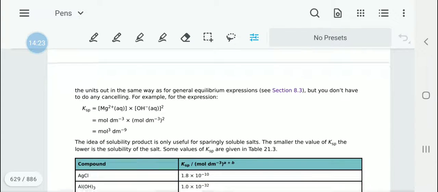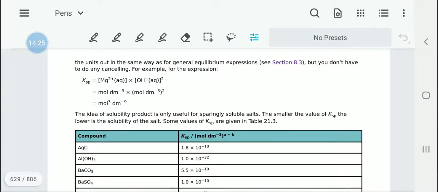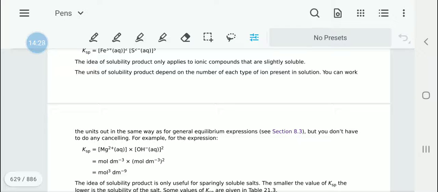Put a star and write down, Ksp applies to only sparingly soluble ionic compounds.